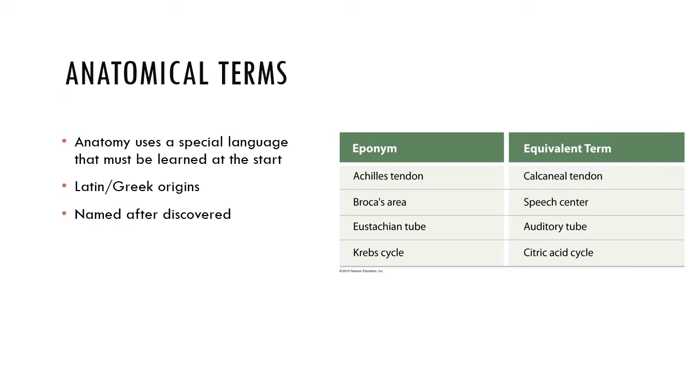The Achilles tendon is now known as the calcaneal tendon, because it's a tendon that runs to the calcaneus. Broca's area is now known as the speech center, the Eustachian tube as the auditory tube, and the Krebs cycle as the citric acid cycle. So we're getting away from discoverers' names and going with more descriptive terms. It just makes it a little bit easier for everybody to understand.